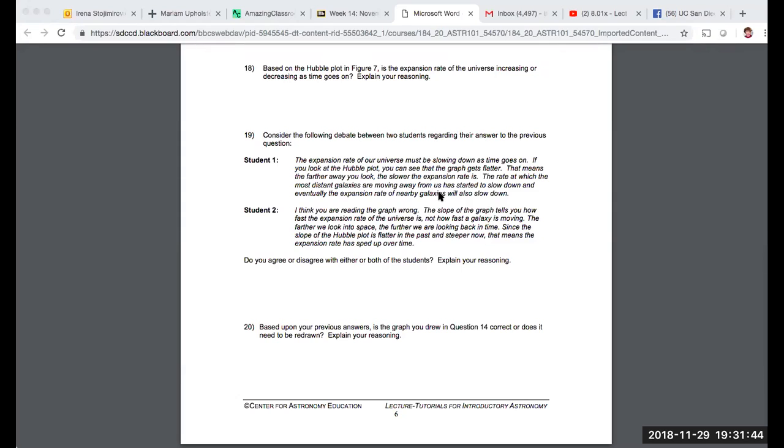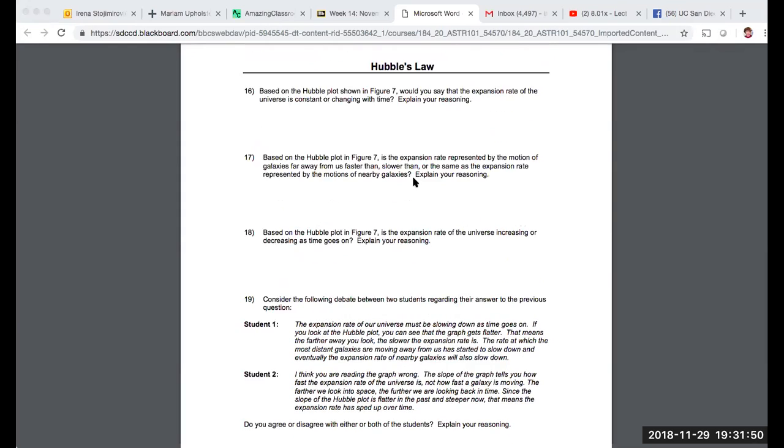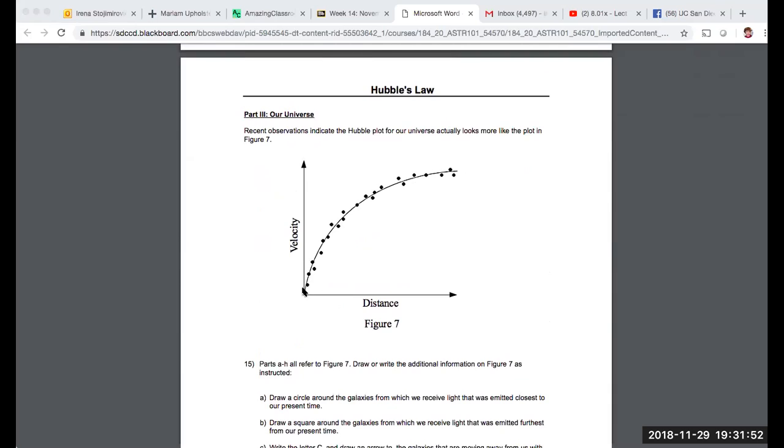So the expansion rate of our universe must be slowing down as time goes on. If you look at the Hubble plot, you can see that the graph gets flatter. So the student starts from here, looks at the Hubble plot and says it gets flatter, and says that as the universe evolves, it becomes a slower expansion rate. So the student starts with zero time here, the beginning of the universe, and this is the direction of time increase. Is that correct? That's not correct. The student forgot that the distance is related to the time it takes light to travel.